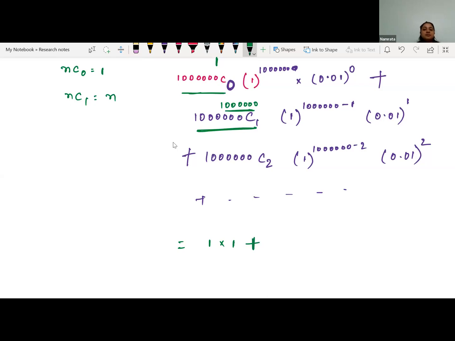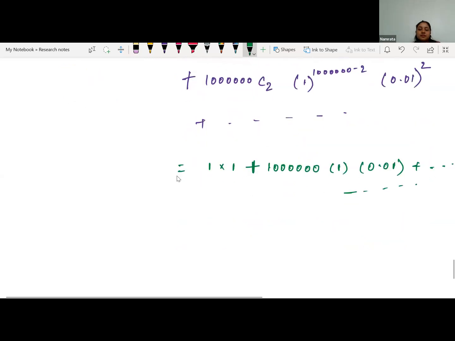Can I say? Yes, ma'am. And the next term is n times 1 to the power anything, which is just 1, times 0.01, plus the remaining terms, whatever is there. Now let's do the calculation of at least these two terms. 1 into 1 is 1, and 0.01 into 1, 2, 3, 4, 5, 6.